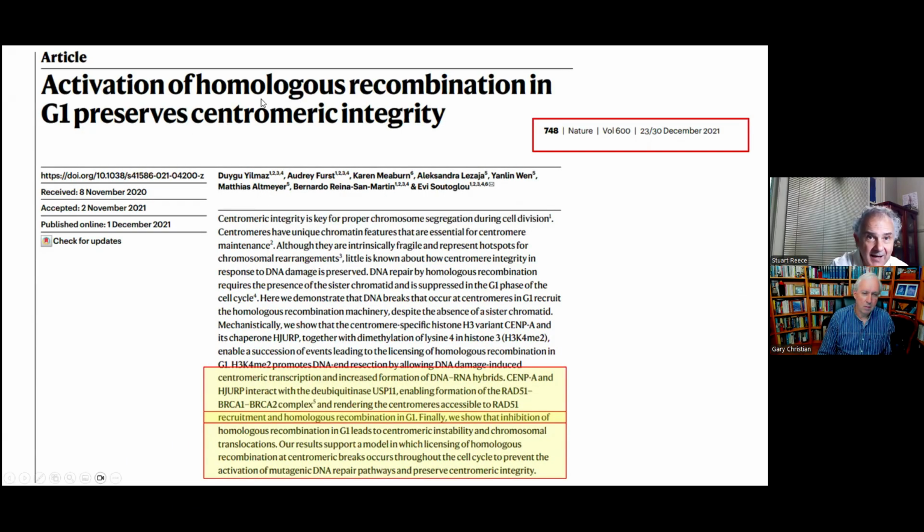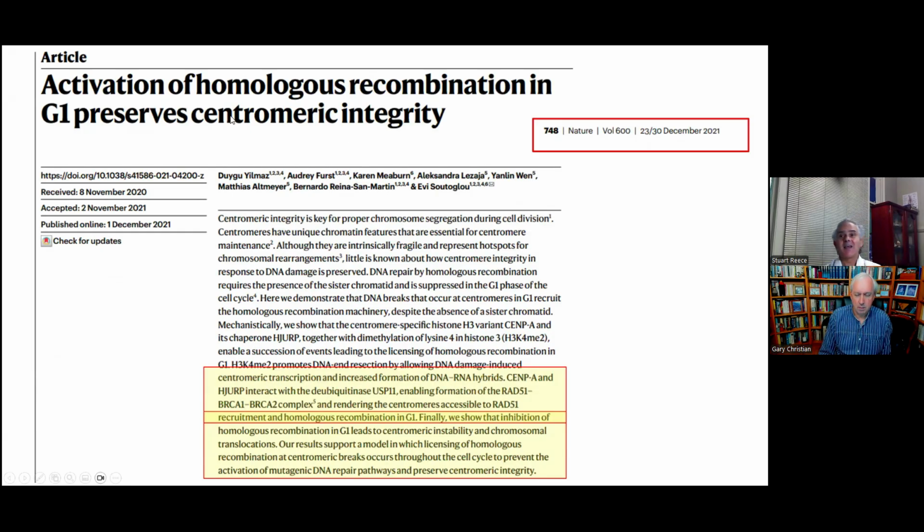Now, this is important. The activation of homologous recombination in G1 preserves centromeric integrity. So the central part of the chromosome is stuck to the mitotic spindle, okay? That's called the centromere. And this is saying that homologous recombination is central to centromeric integrity.